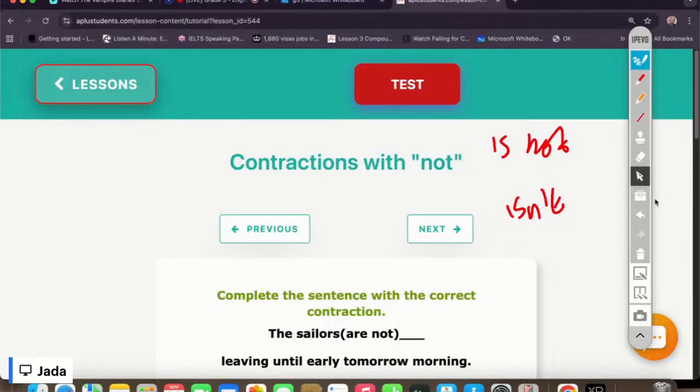Then, the sailors are not leaving until early tomorrow morning. So what is the contraction of are not? What's the contraction here? Tell me.